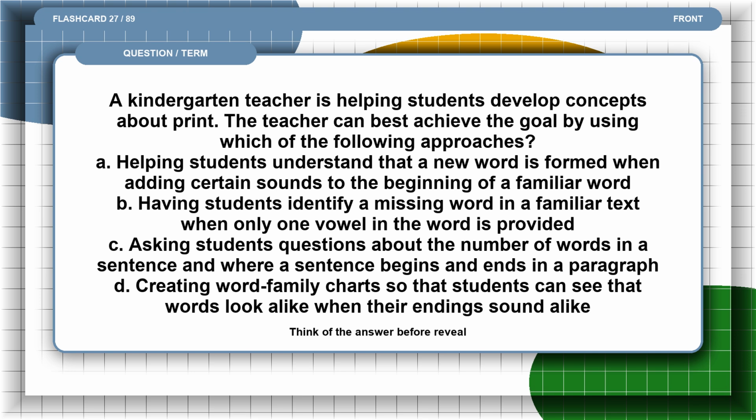B. Having students identify a missing word in a familiar text when only one vowel in the word is provided. C. Asking students questions about the number of words in a sentence and where a sentence begins and ends in a paragraph. D. Creating word family charts so that students can see that words look alike when their endings sound alike. Pause and think of the answer before the reveal.